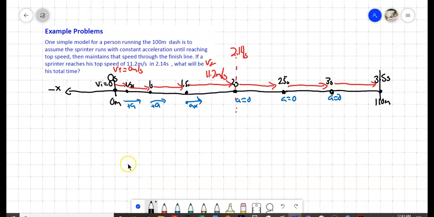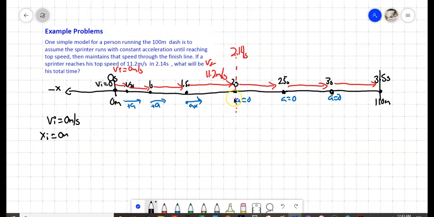All right. Well, let's list out what we have. We have an initial velocity of 0 meters per second, an initial position of 0 meters.